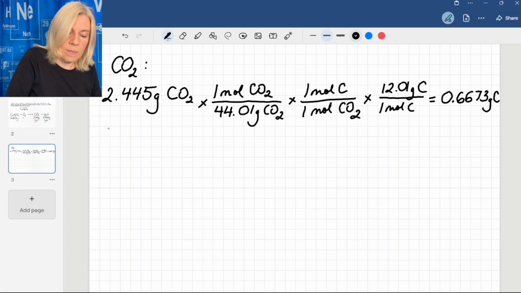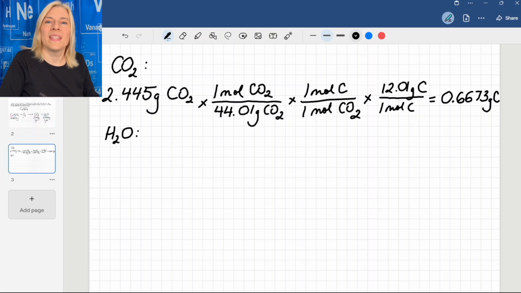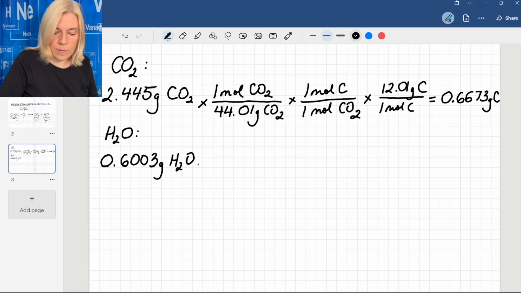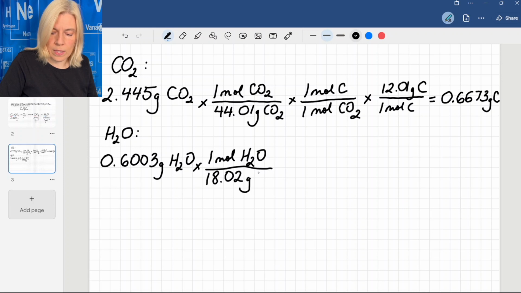Let's do some calculations for water, for H2O. So how many grams of water do I have? I have 0.6003 grams of water times 1 mole of water is, well, it's 18.02 grams of water.